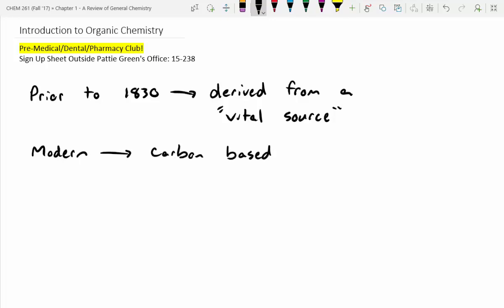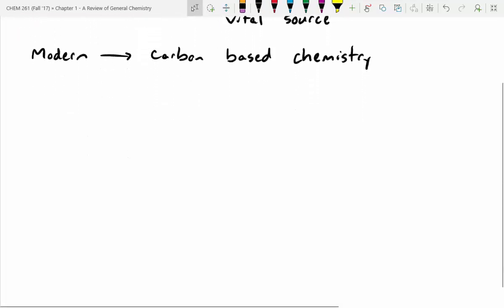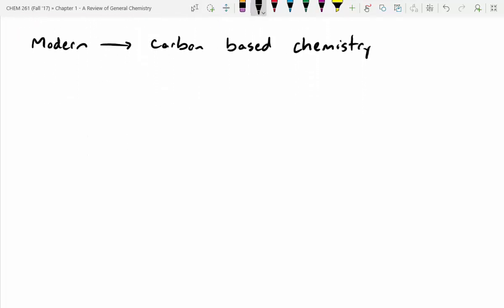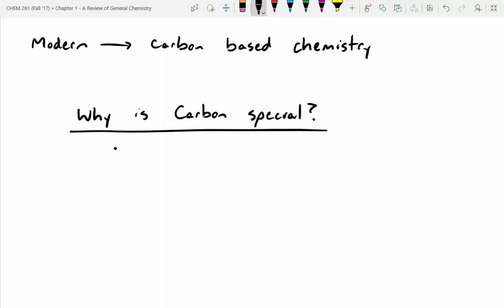And I know I'm biased, but carbon is the best element. Does anybody know why carbon is so cool? It's a building block, yeah? So let's make a list of why carbon is special. It's a good building block. Why?